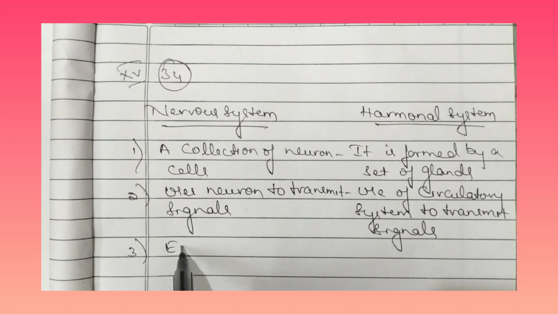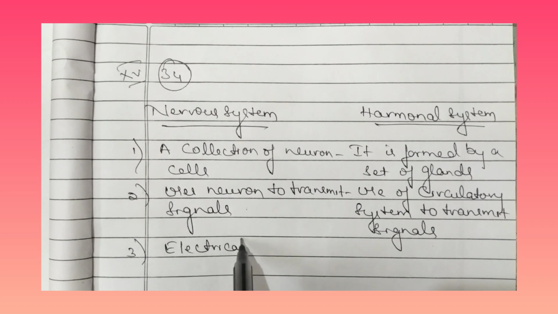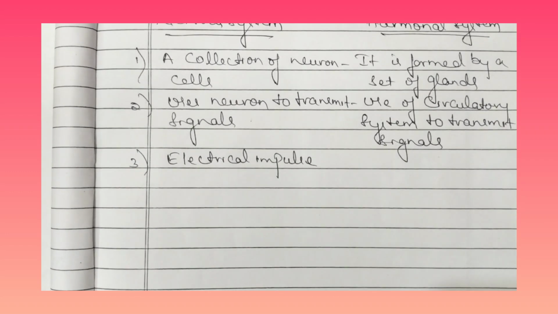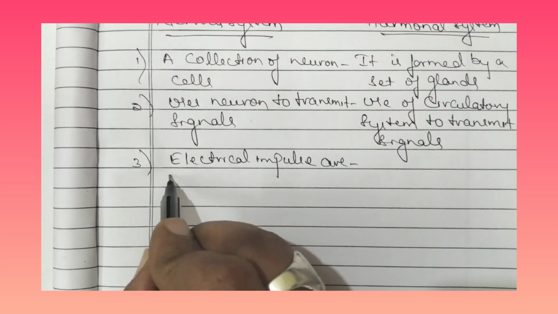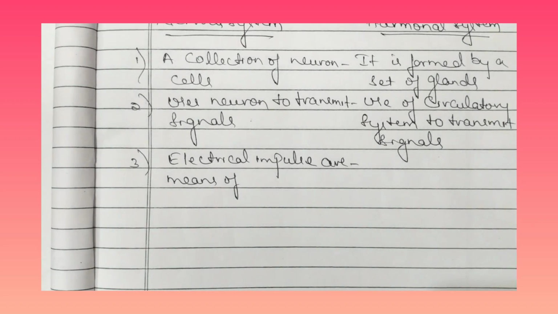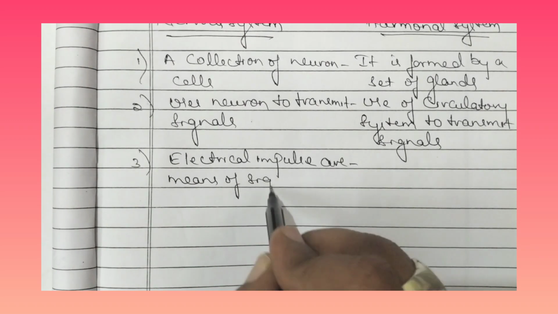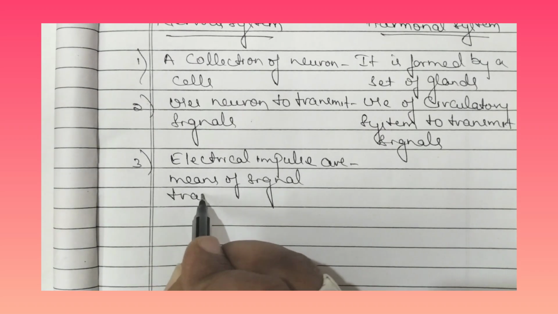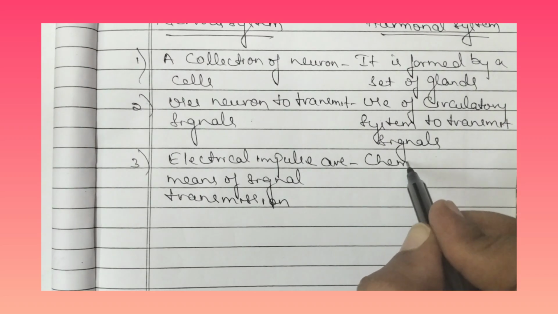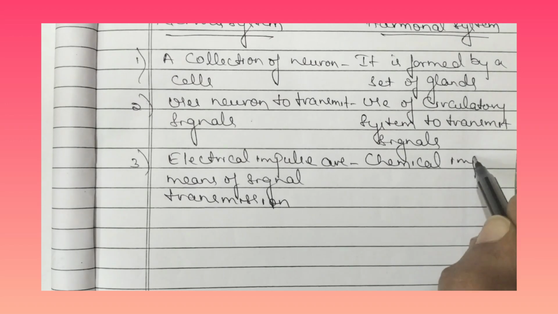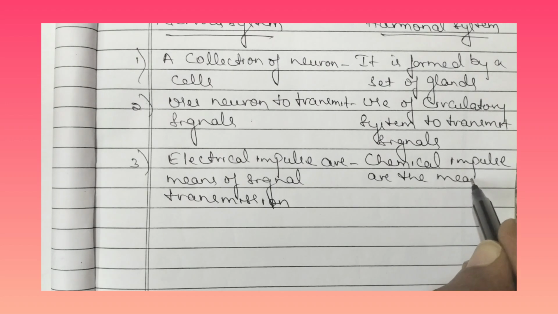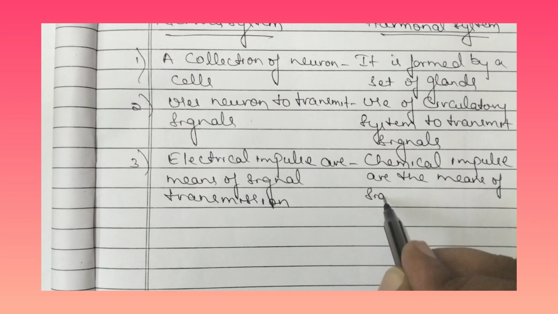Then electrical impulses are the means of signal transmission in the nervous system. Chemical impulses are the means of signal transmission in the hormonal system.